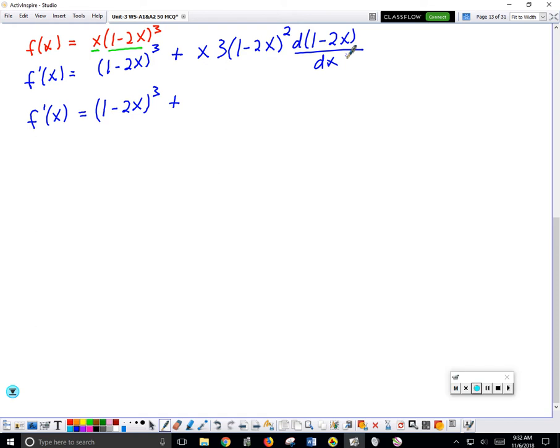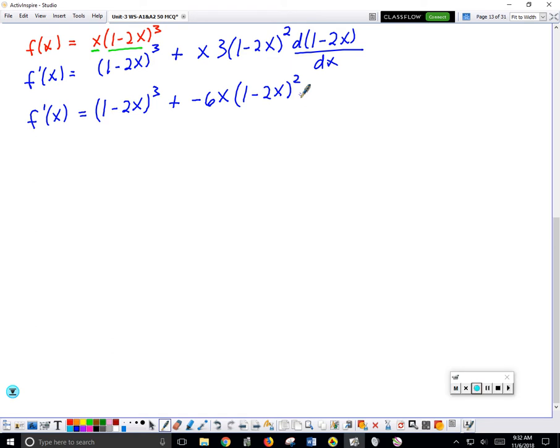I choose the order. So negative 2 multiplied by 3 is negative 6. Like that. Questions? Cool. We have an equation for f prime.